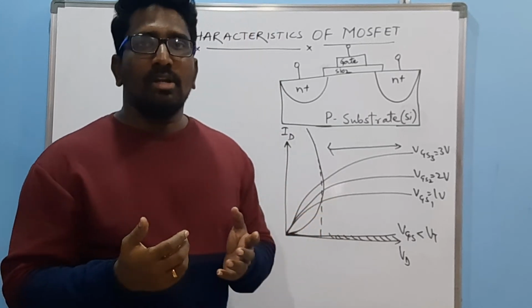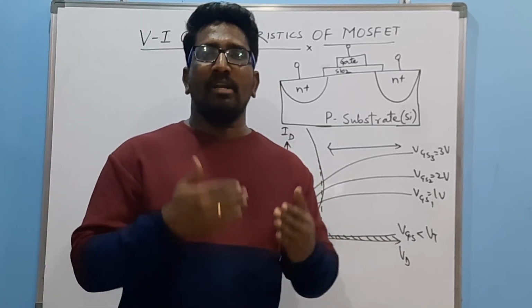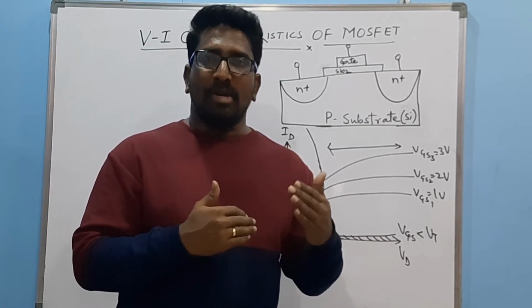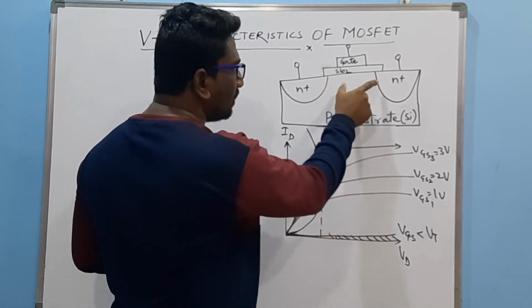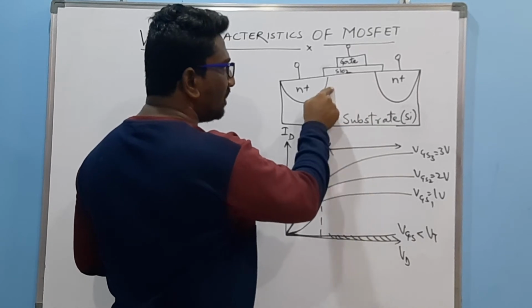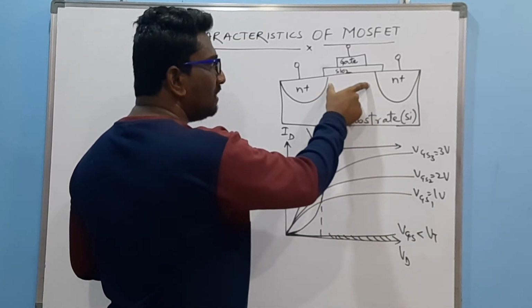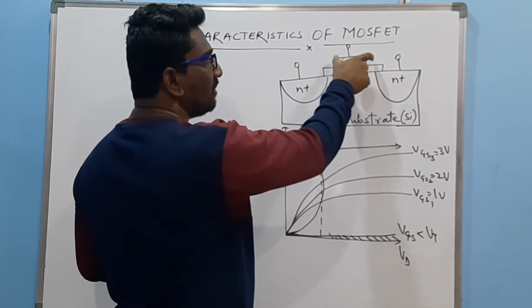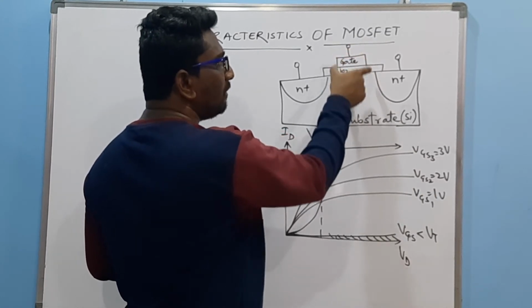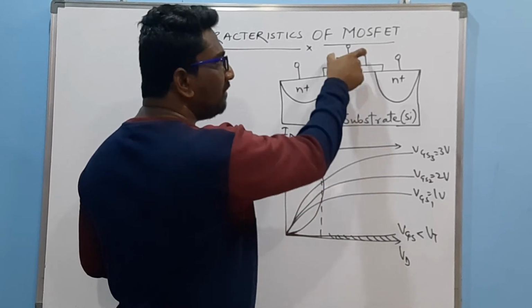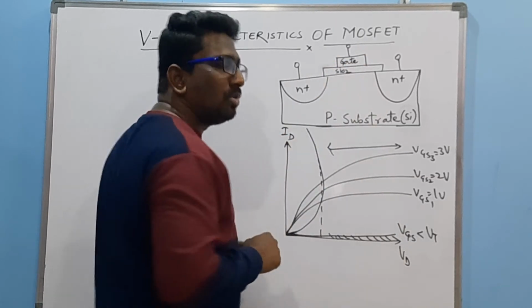See, what is a capacitor? A capacitor is nothing but a parallel arrangement of two conducting plates. In the same way here, this region, the channel region, is an active conducting part, and the gate is also an active conducting part. Both act as conducting plates. Between the two there is SiO2, which is a dielectric.